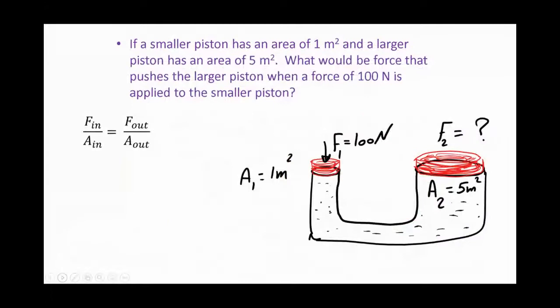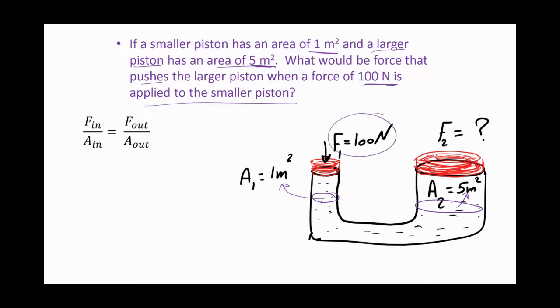Let's try to solve this one. If a smaller piston has an area 1 square meter and a larger piston has an area 5 square meter, what would be the force that pushes the larger piston when a force of 100 Newton is applied to the smaller piston? So I have area here 1 square meter and area on the other side 5 square meter.